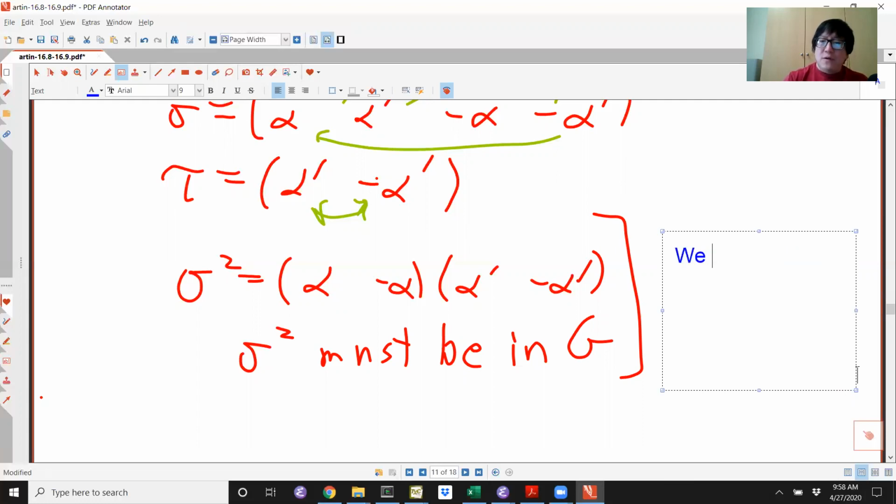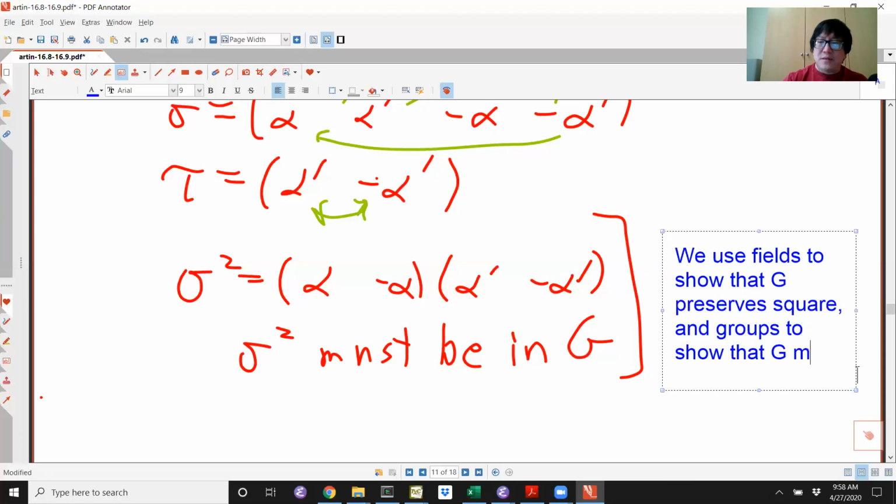We use field theory, or properties of fields, to show that G preserves that square. That's getting to the question of both Ravi and Monroe. So we use properties of fields to show that G preserves a square, and groups to show that G must contain sigma squared.